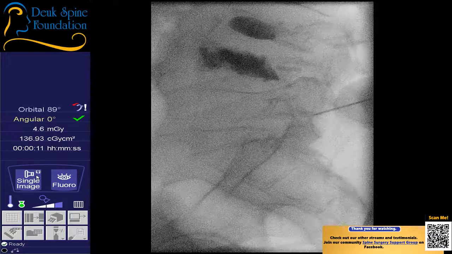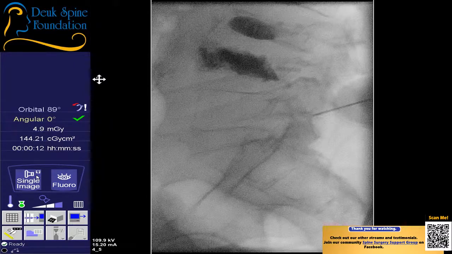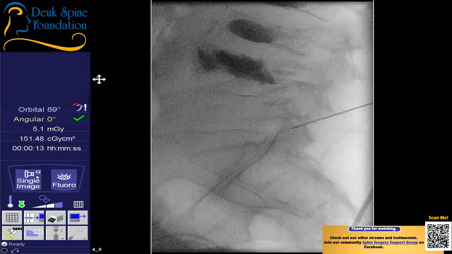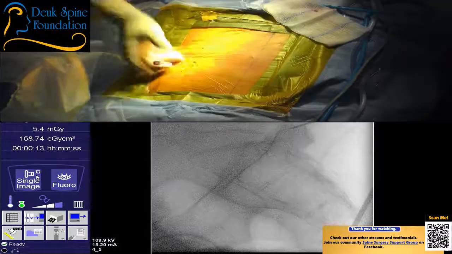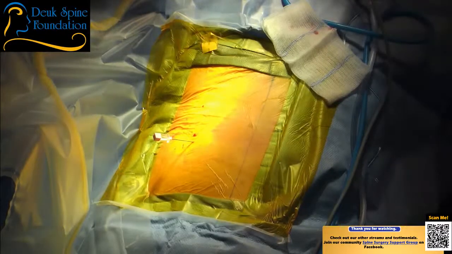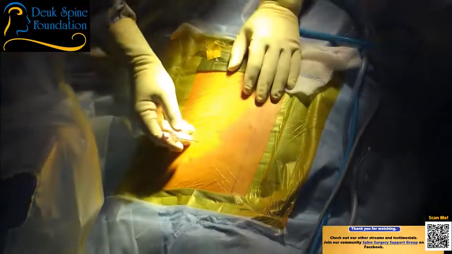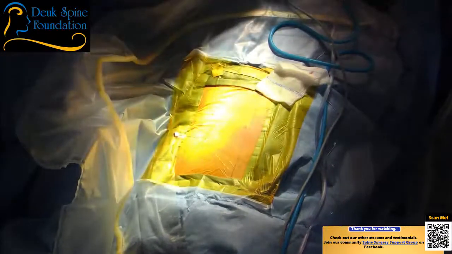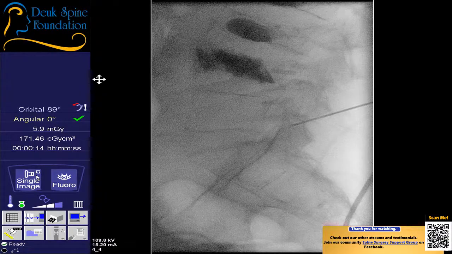Shot. And I'm trying to navigate around that arthritis. Shot.